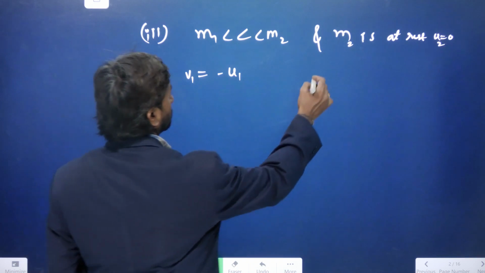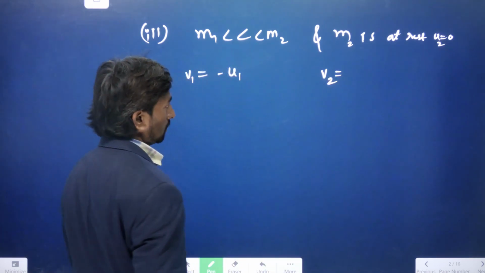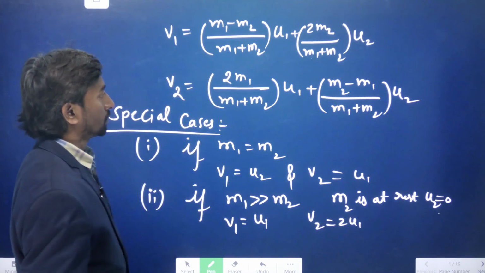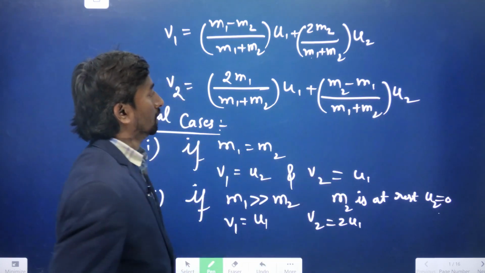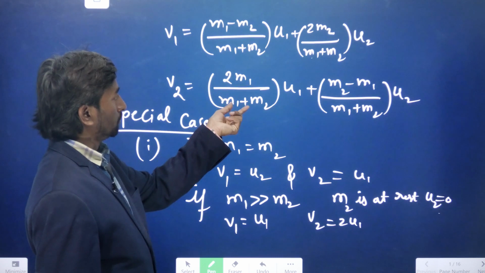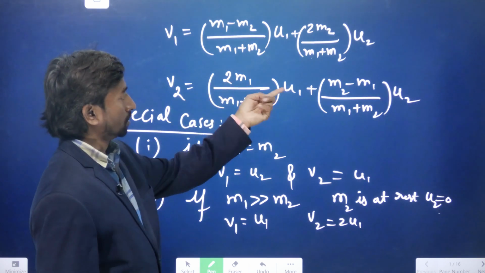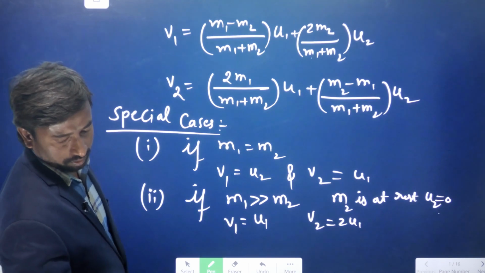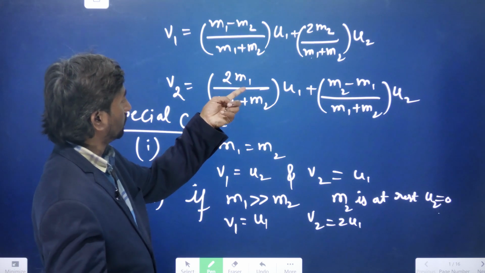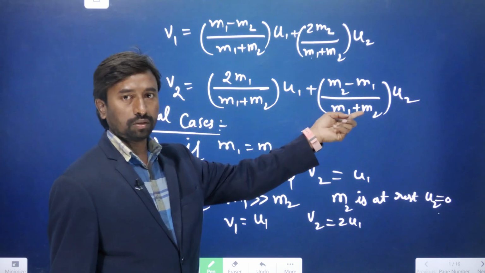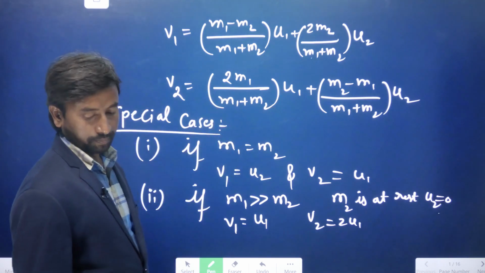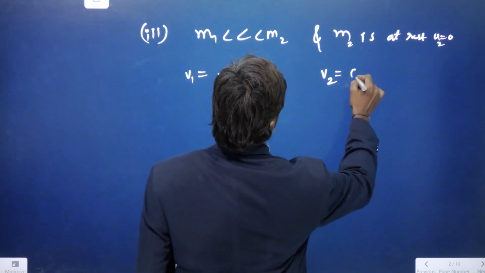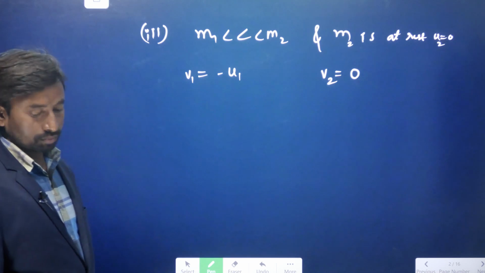And what will V2 be? The V2 formula is this one: 2M1 by M1 plus M2, into U1, and the U2 term is 0. Since M1 is lesser than M2, V2 will become almost 0, that body will come to rest.